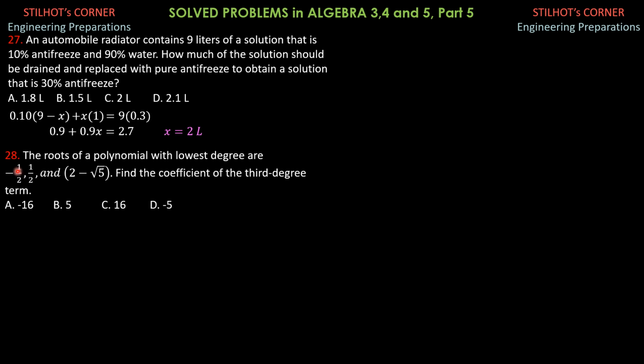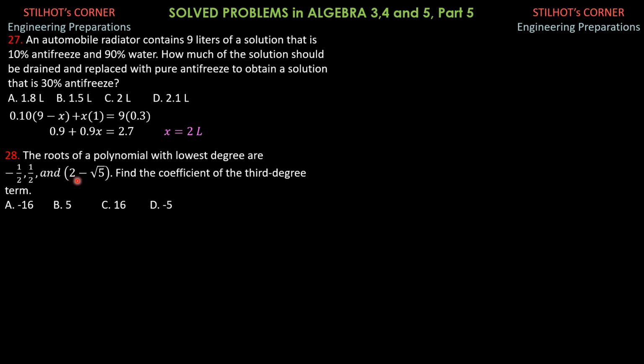This root may be represented by the factor 2x plus 1. This one is 2x minus 1. That's why the value of x is 1/2, or the root is 1/2. The root is negative 1/2 for 2x plus 1. 2x minus 1, the root is 1/2.